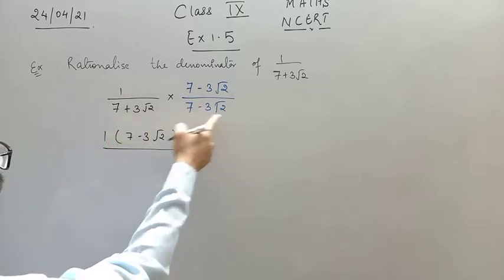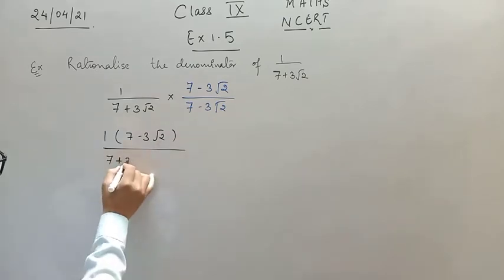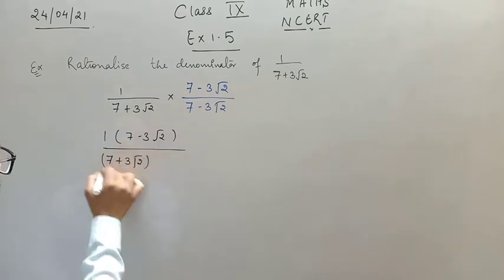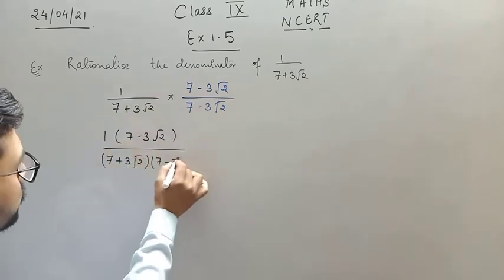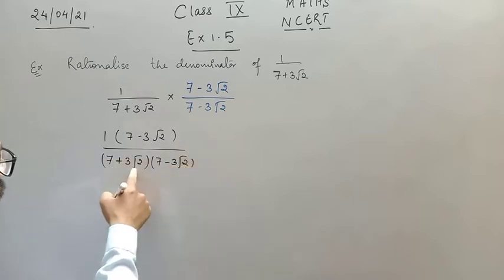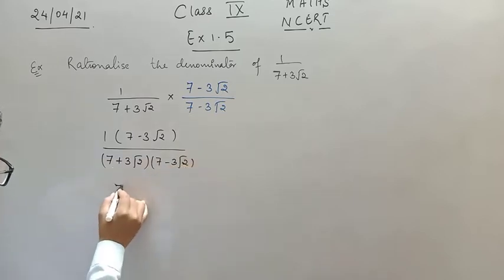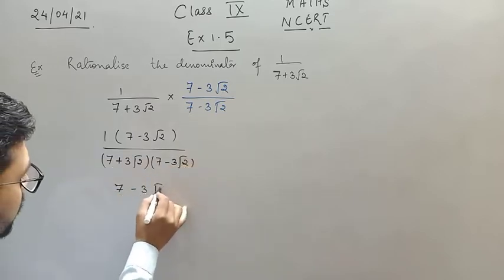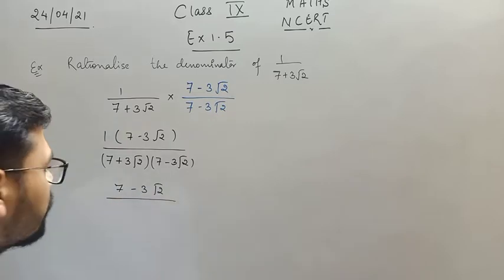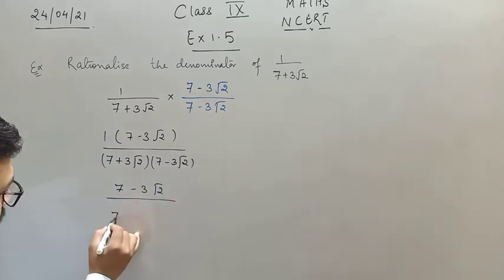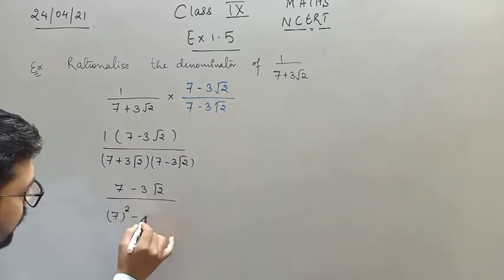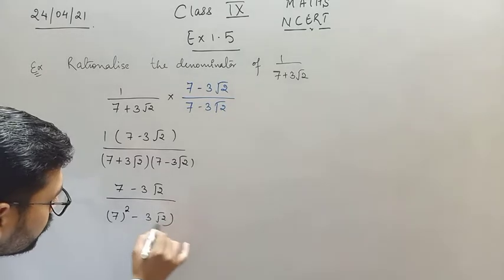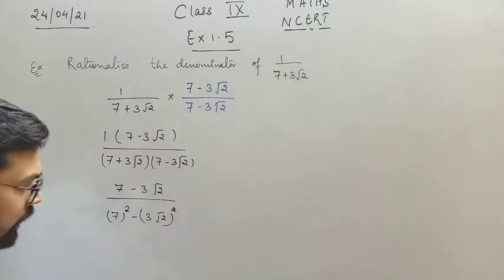A plus b, a minus b. In the denominator, again I will get a plus b, a minus b. In the numerator, 7 minus 3 root 2 divided by 7 square minus 3 root 2 square, right?